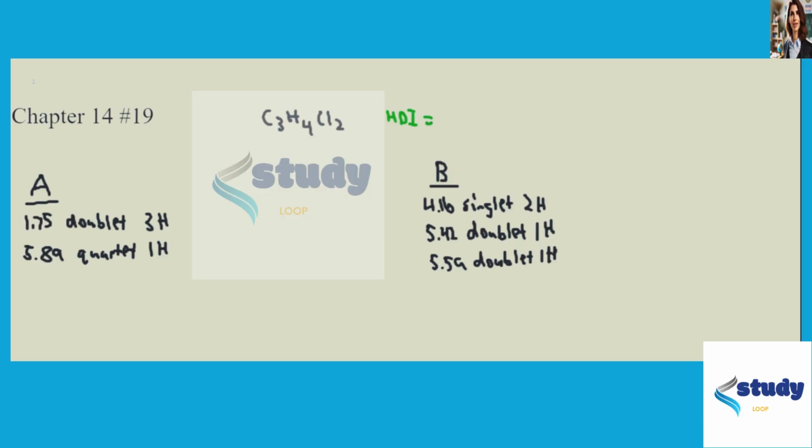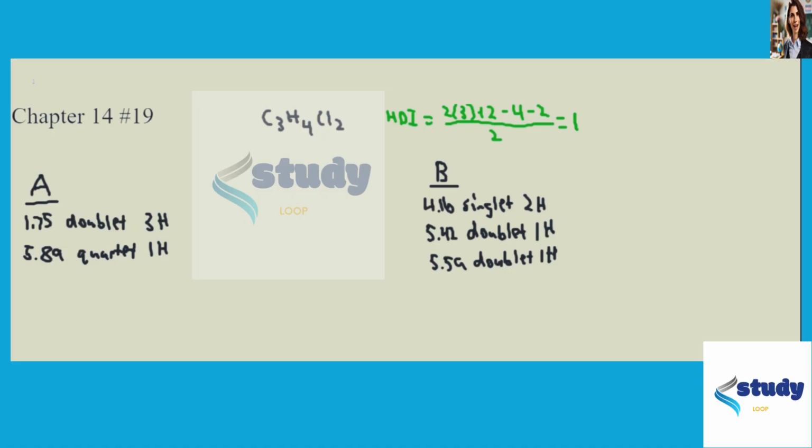HDI equals 2 times the number of carbons plus 2, minus the number of hydrogens, and in this case we also need to subtract the number of halogens, so two chlorines, and then all of this is over 2. So 6 plus 2 is 8, minus 6 is 2, 2 over 2 is 1, and so we have one ring or one double bond in these molecules.